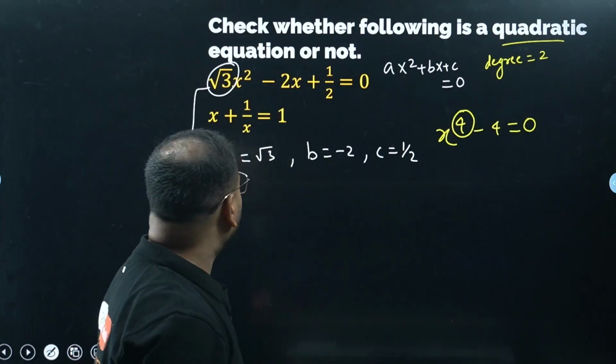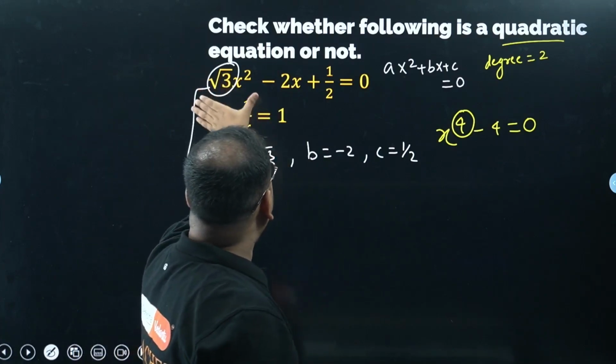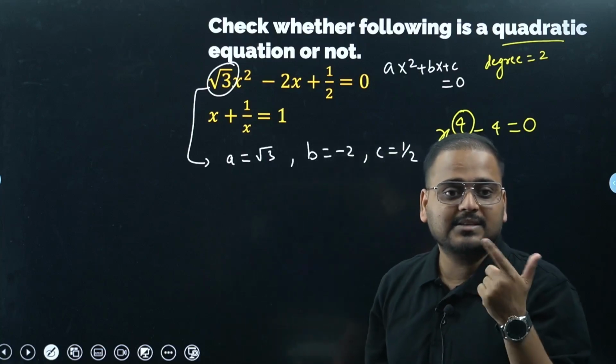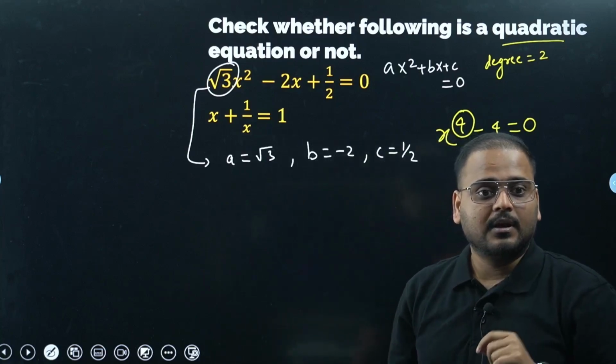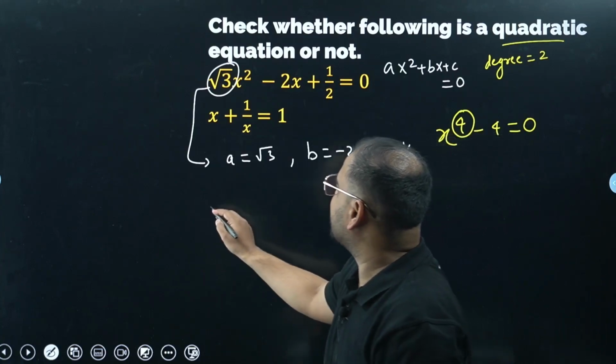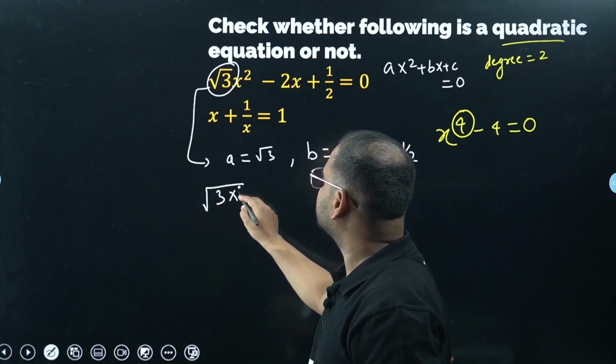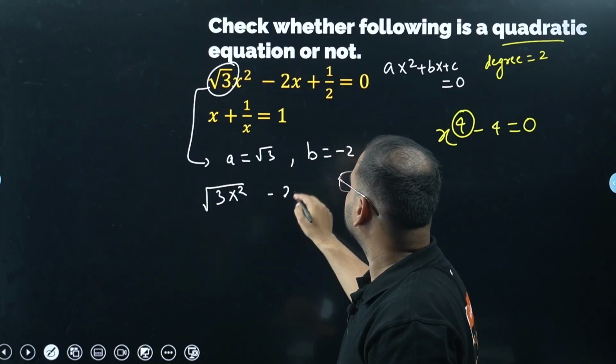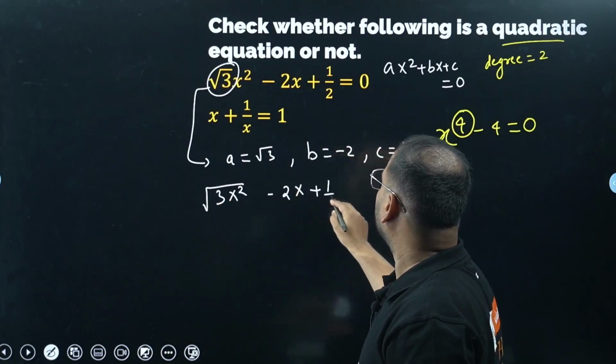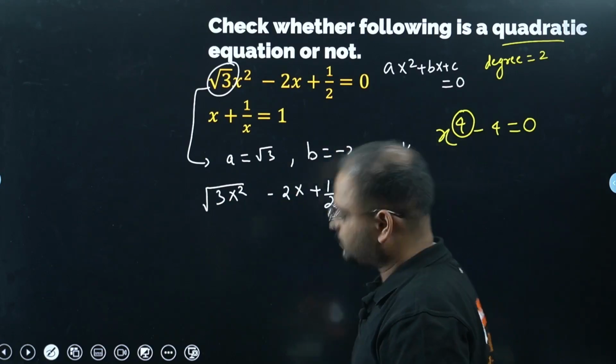Now can we take an example of how this can become not a quadratic equation? Actually what they're going to do, they'll write this as root 3 x square minus 2x plus 1 by 2 equal to 0.